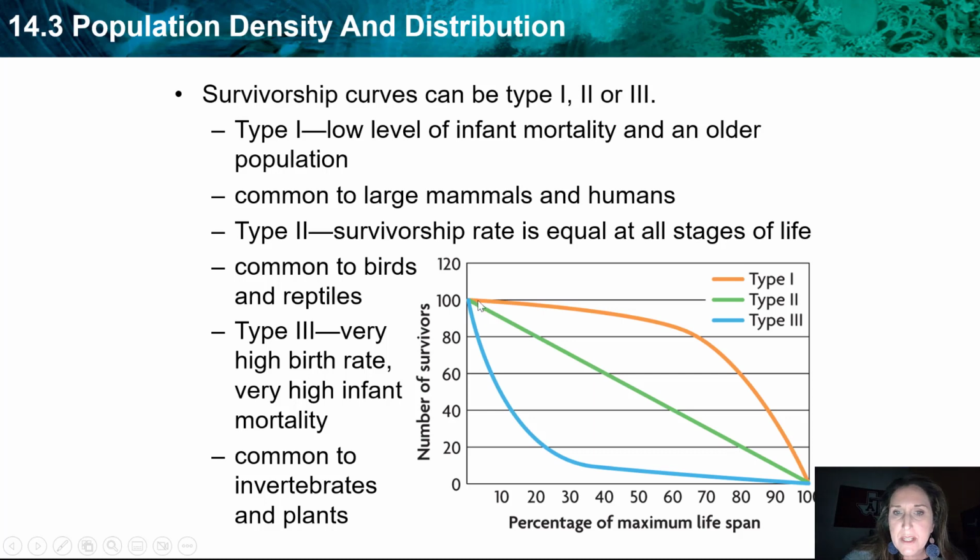So you have an equal percentage of dying. Here you have the most death in these plants and animals happening at the beginning of life. So if you make it past, say, age 3 or 4, something like that, you're likely to be able to make it to adulthood.